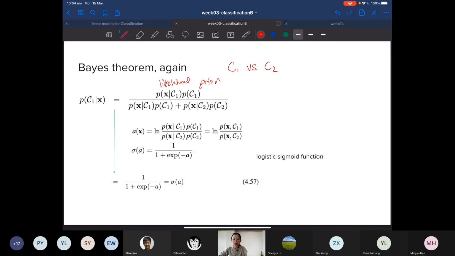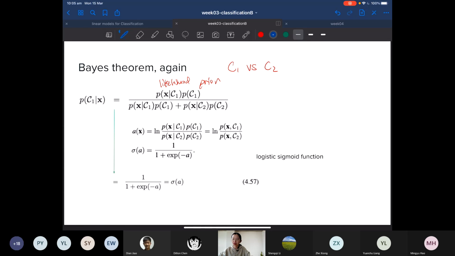Then we put this term into the original equation, and something curious happens: this big equation on top translates to a simple expression of this term A of X, called the logistic sigmoid function.